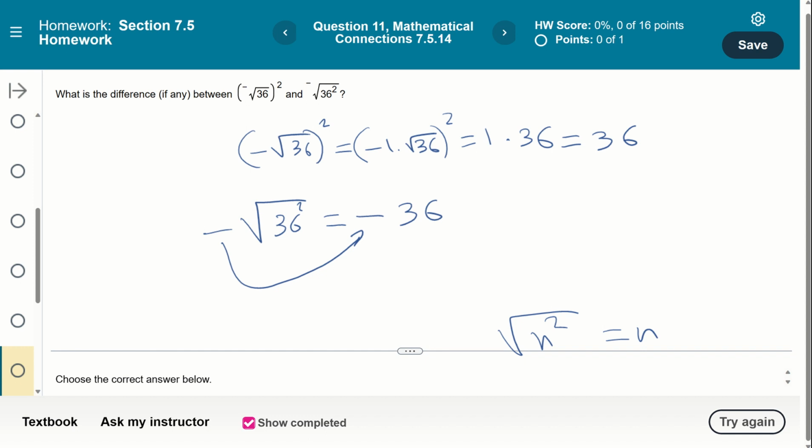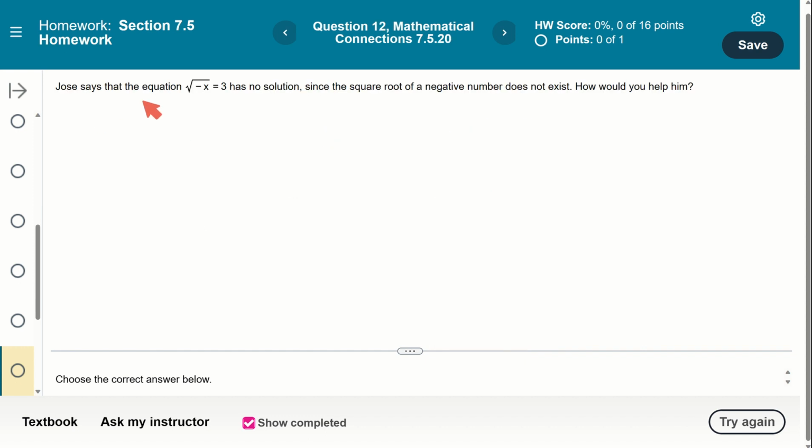They're subtle. All right, so here Jose says that the square root of negative x equals 3 has no solution since the square root of a negative number does not exist. Well, the problem with what Jose is saying is that this is the opposite of some number which we do not know. What if that number were negative, right? Like if x were negative 9, think about it.